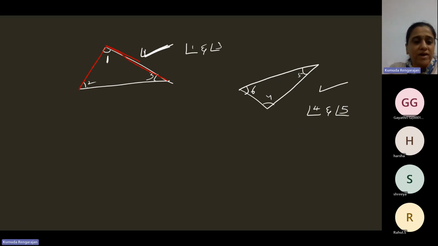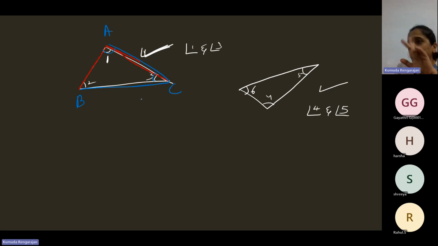This one and this one are the arms of angle 3. So which is the common arm now? AC. AC is the common arm. That is the included side. That's the included side for angle 1 and angle 3.